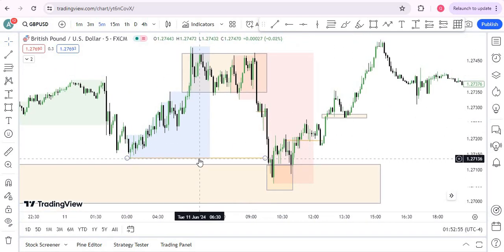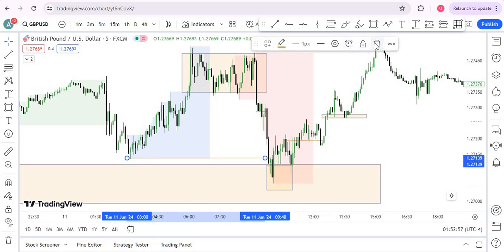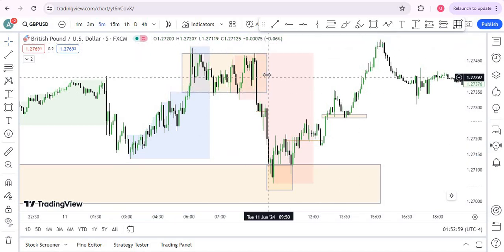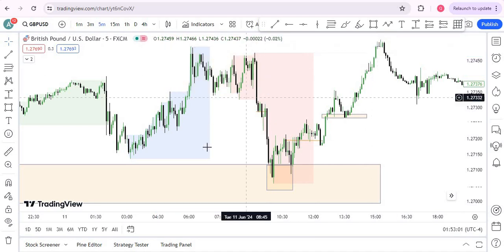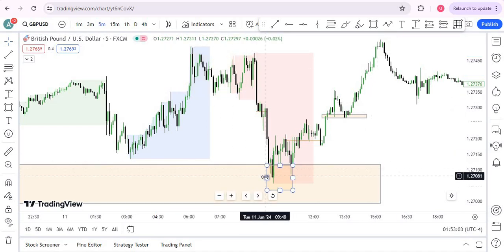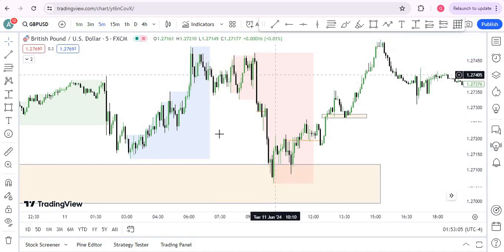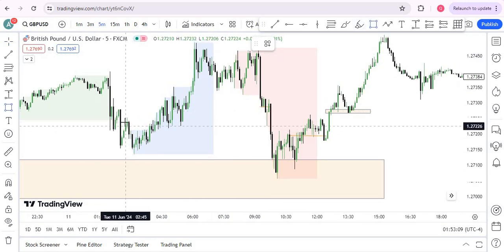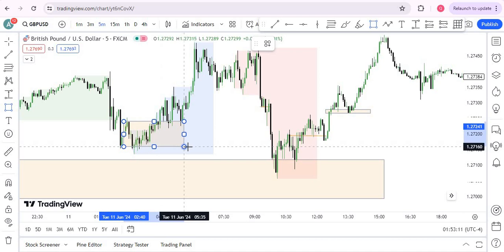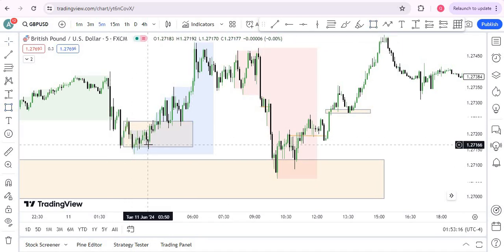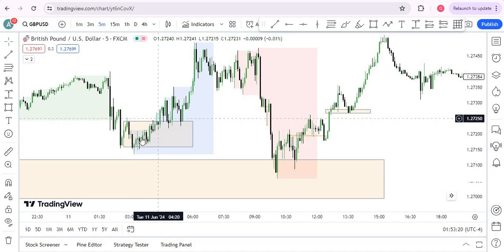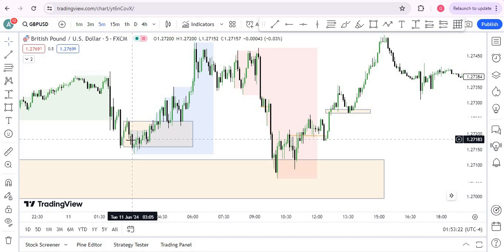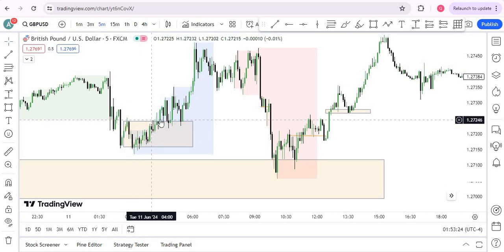Let me show you something here, another thing for your extra knowledge. If you see, you have a sell model here as well. Here is the consolidation at 3 a.m. New York time, in the London session.